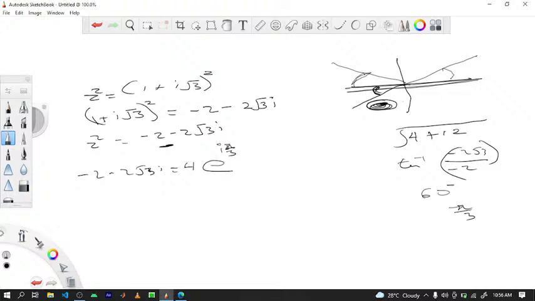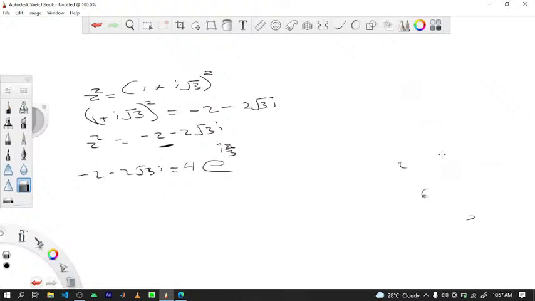Let me show that briefly. Where is my eraser? Right. So you have the plane, and you want to find the argument. If it is in the first quadrant, the argument is just what you calculate.